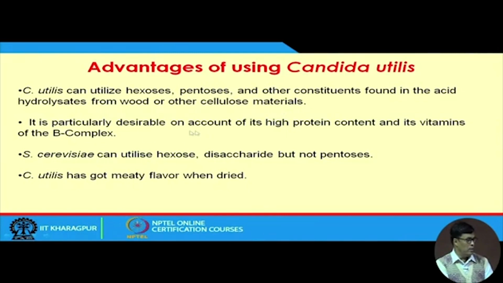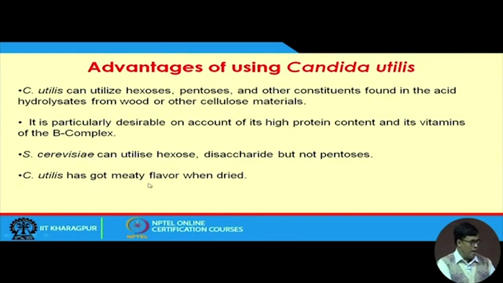It is particularly desirable on account of its high protein content and its vitamin B complex. Saccharomyces cerevisiae can use hexoses and disaccharides, but not pentoses. It has the invertase enzyme, due to which sucrose is degraded to glucose and fructose.